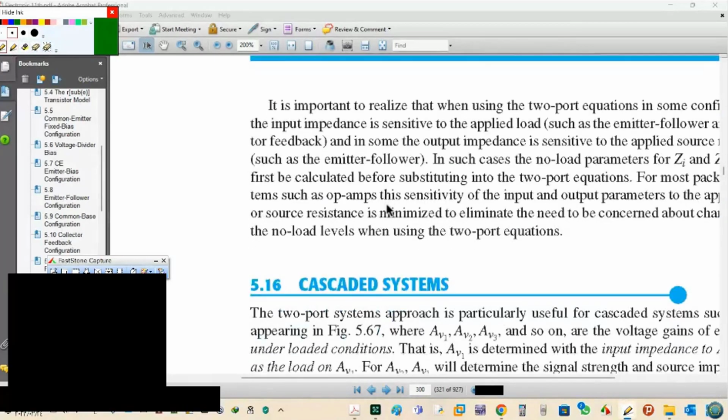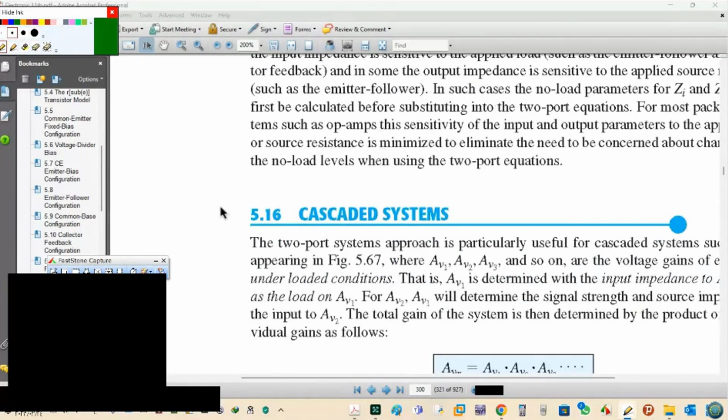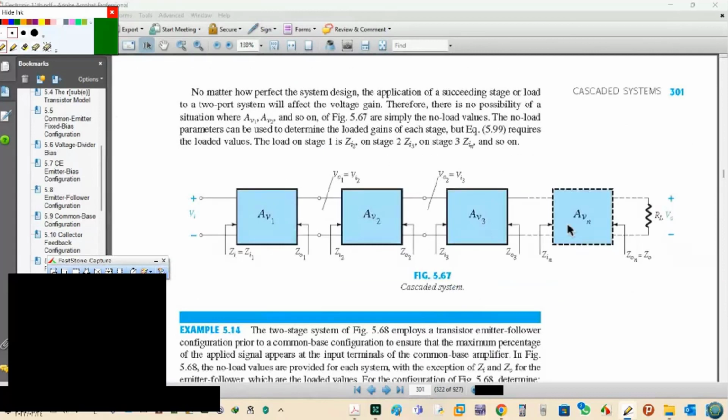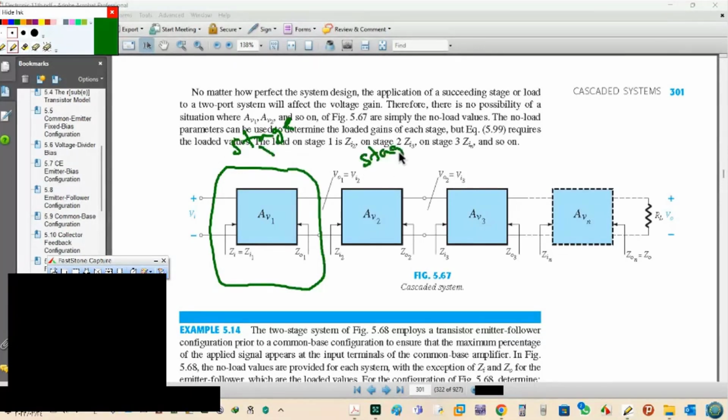Now, the last example for today is called the cascade system. A cascade system is a system like this one. We can say multi-stage. See this one, I have stage number one, stage two, stage three, stage four, and this is RL.